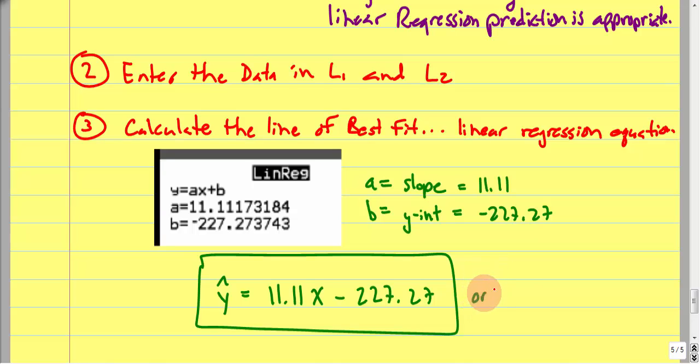Now another way you could write the same thing is negative 227.27 plus 11.11x. These are the same thing, just a different order. But remember, the value in front of your coefficient is told right here to be a, so you need to make sure you have it in the right spot. So that's calculating the line of best fit.